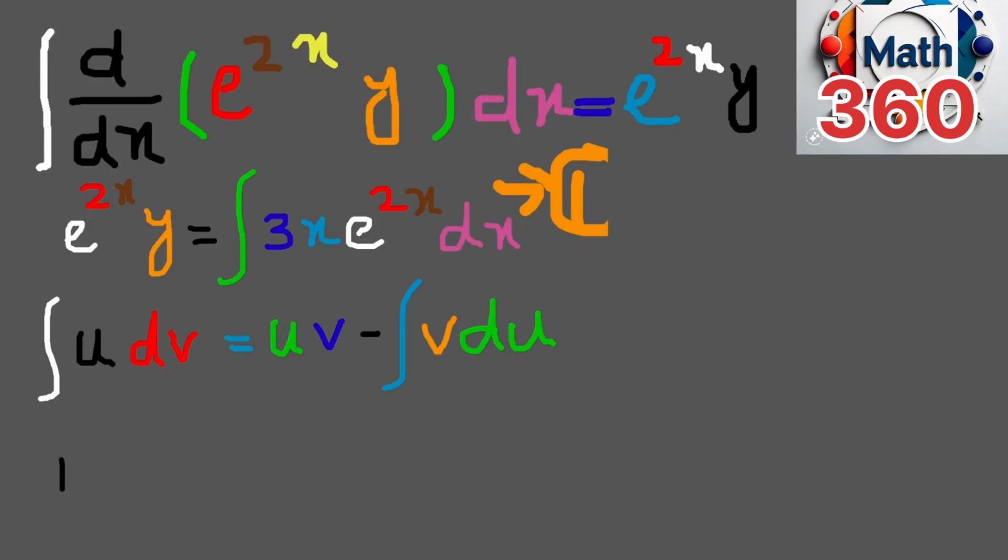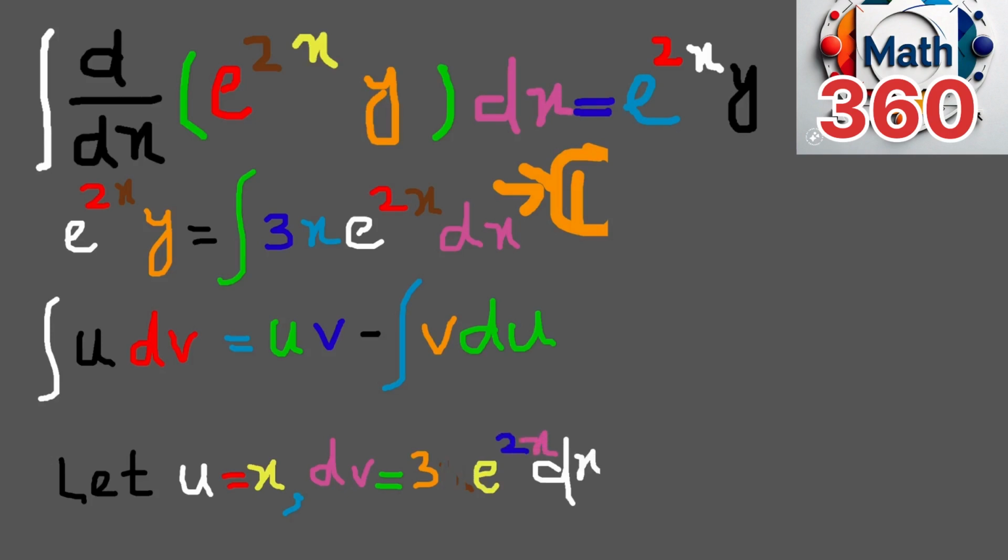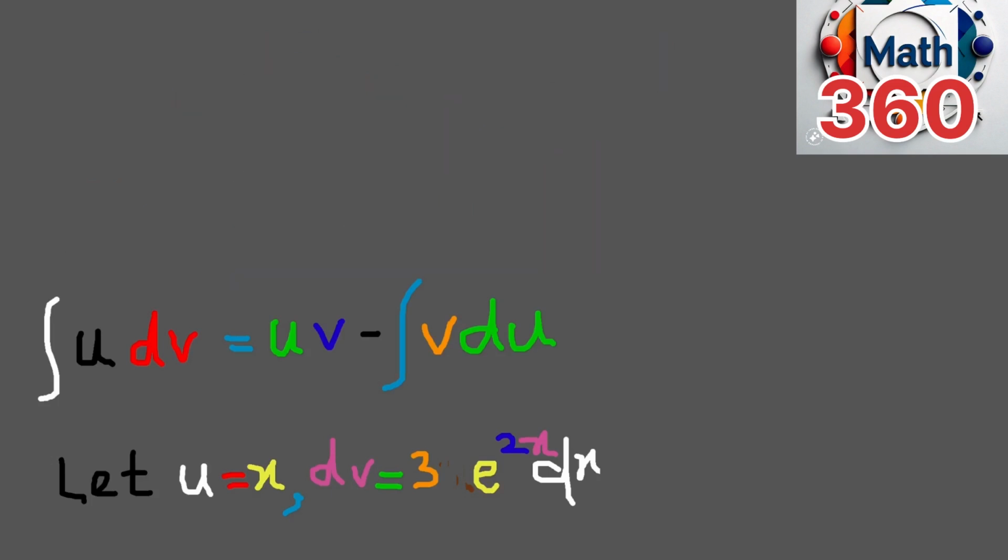For this integral we select u equals x and dv equals 3 times e raised to the power 2x dx. This choice is made to simplify the integral by differentiating u and integrating dv.